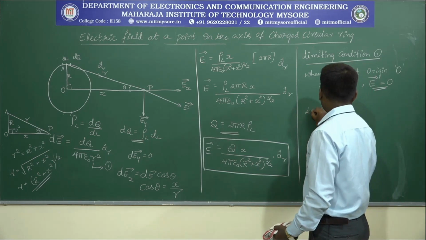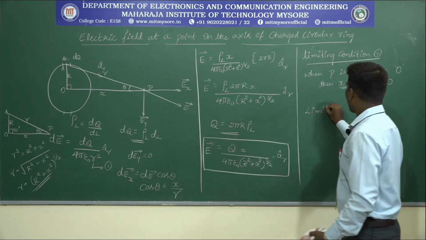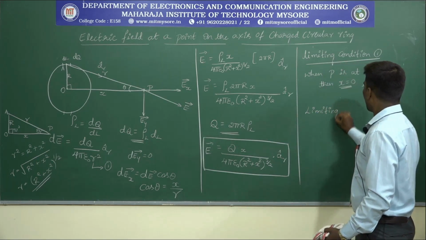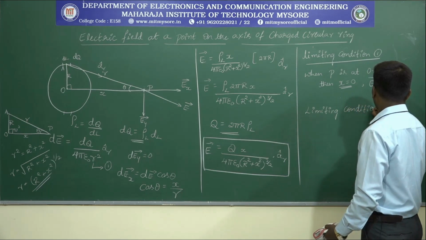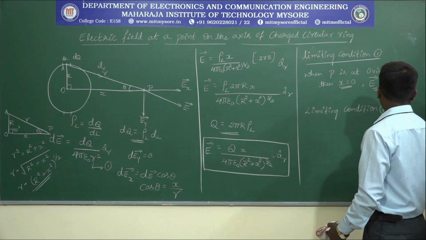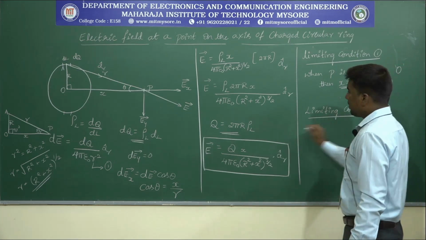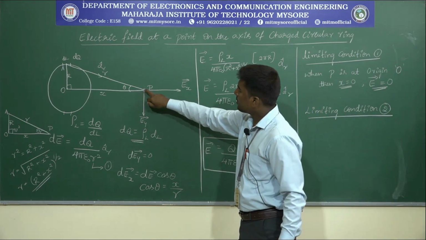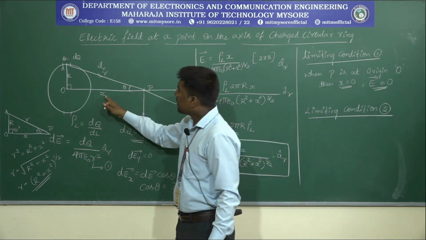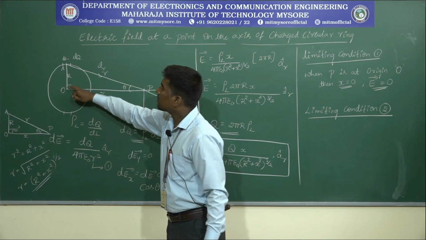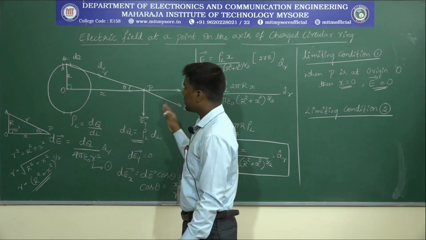So limiting condition 2. What it says is, when this point P is kept at a very large distance, therefore x is very much larger than r. What is the meaning?